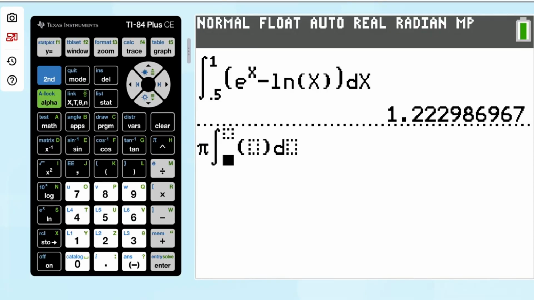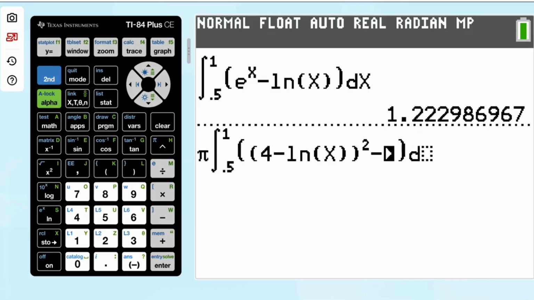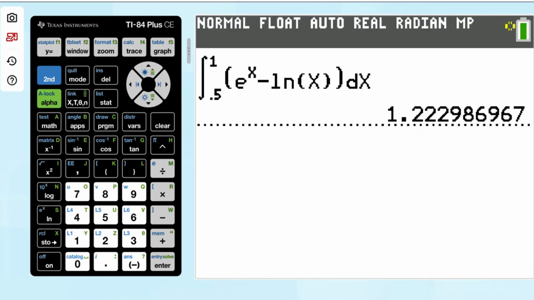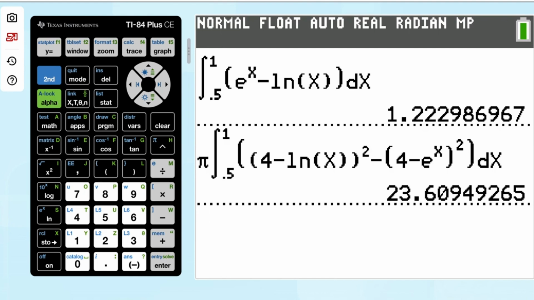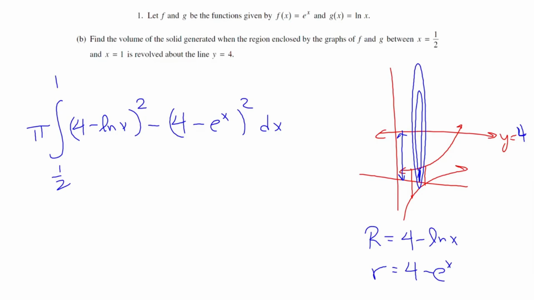And we have from 1/2 to 1. And then inside a new parenthesis, we're going to say 4 minus the natural log of x, squared, minus 4 minus e to the x, squared, dx. And it looks like we get 23.609.